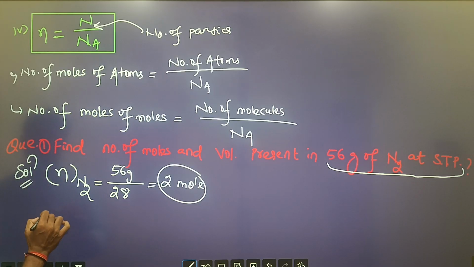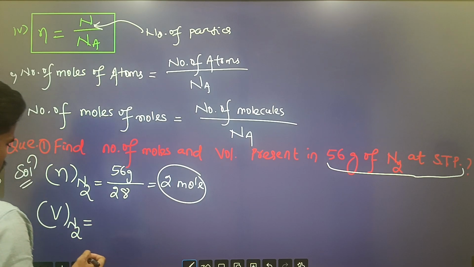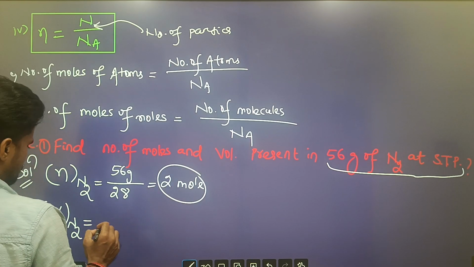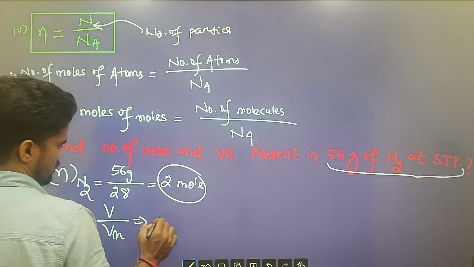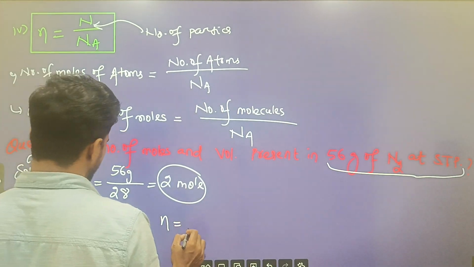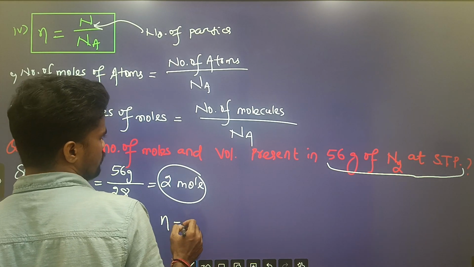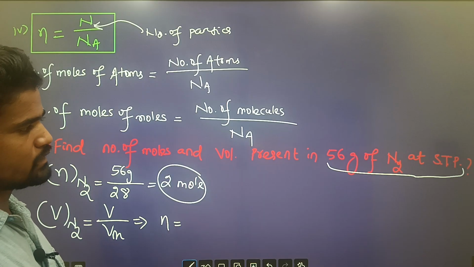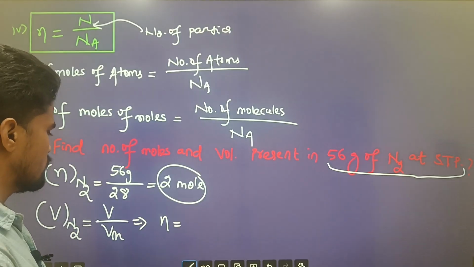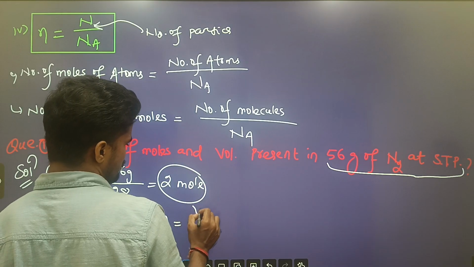Then volume. So volume of N2: we know moles equals given volume upon molar volume. Is any pressure given in bar? If bar is not mentioned, the molar volume will be 22.4 liter only.